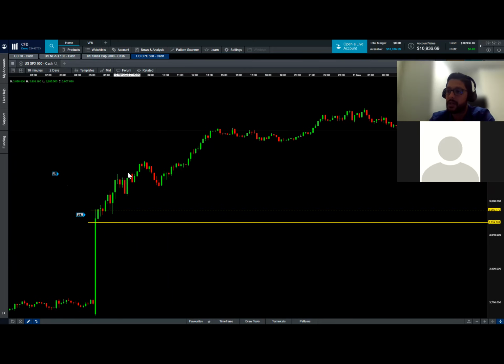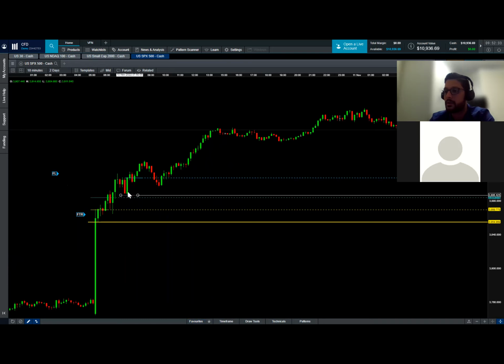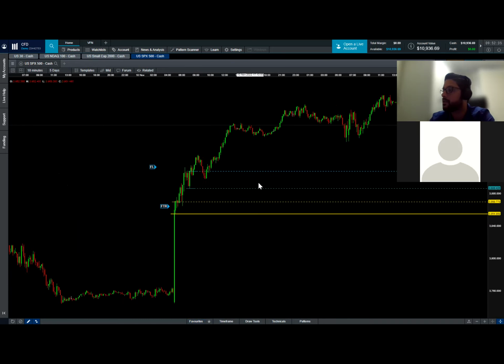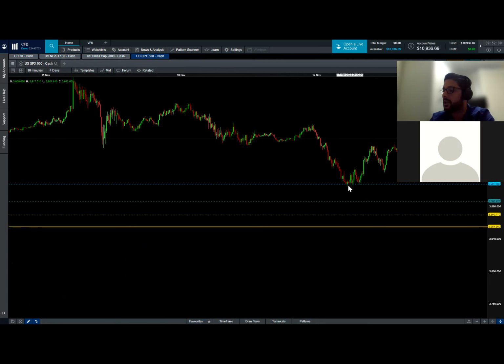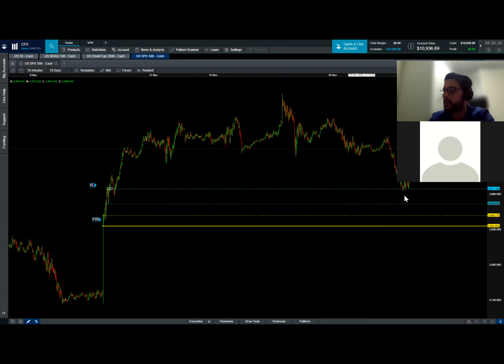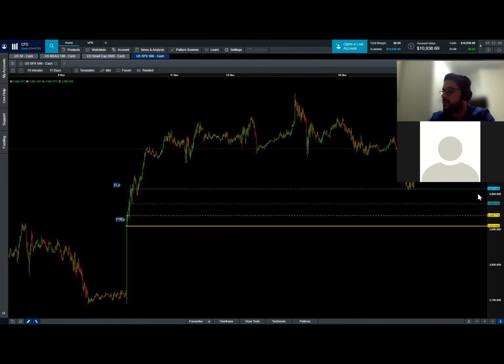So here is the wide range bar, back test going up, right? Right there. Zoom back. Perfect. You see how it reacts? Nice.